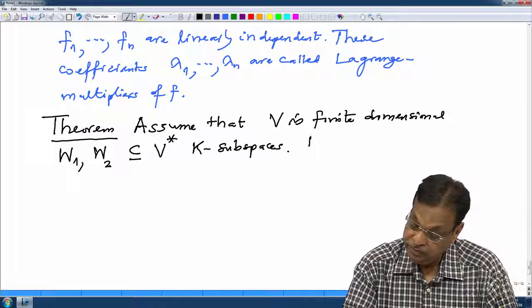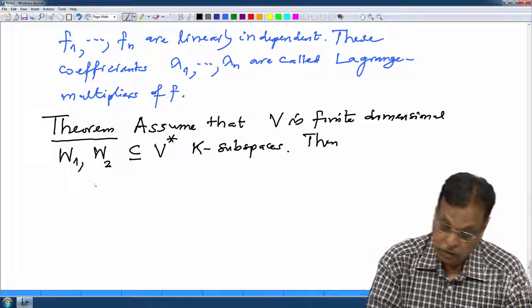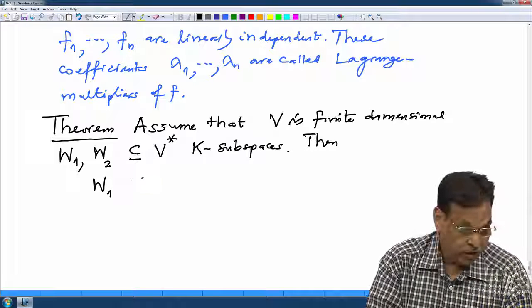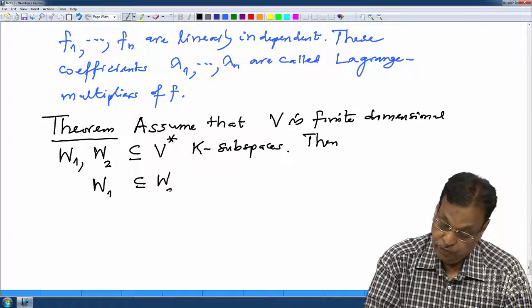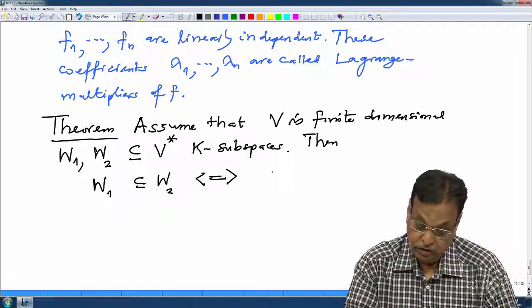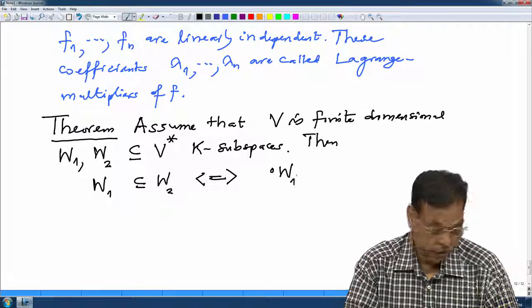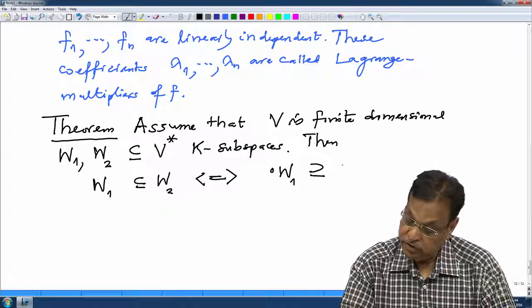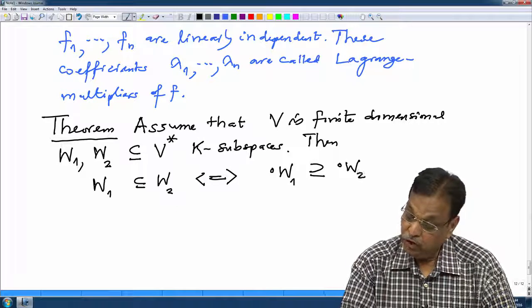So, then W1 contained in W2 if and only if left circle W1 contains left circle W2. This is the analog.